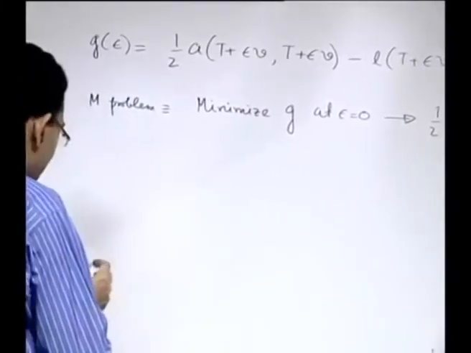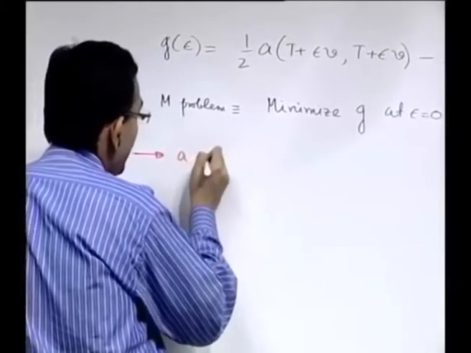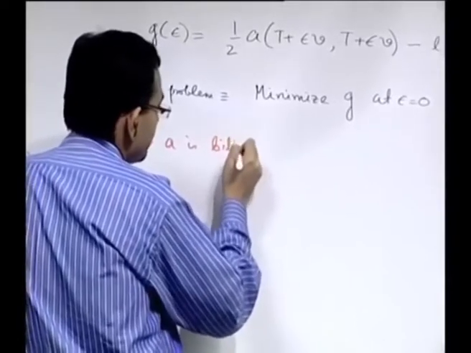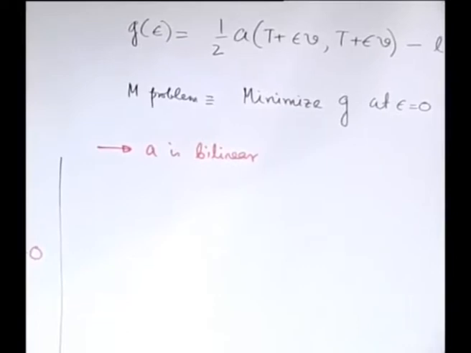So what are the assumptions that we will make? The first assumption that we make is that A is a bilinear operator. We have seen by this time through an example what a bilinear operator is.